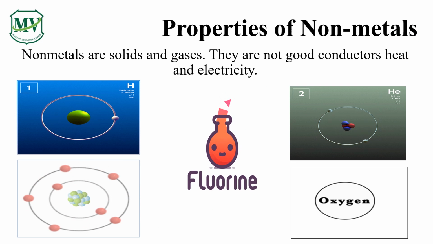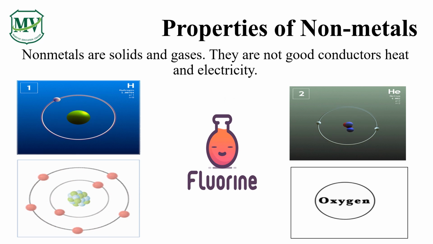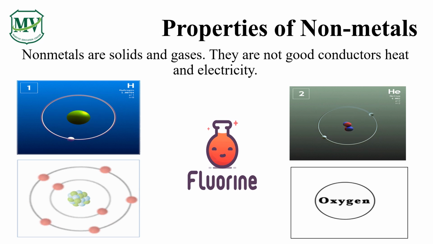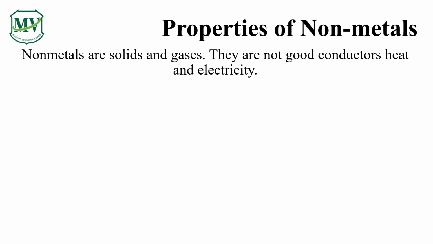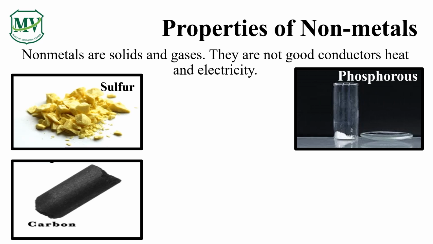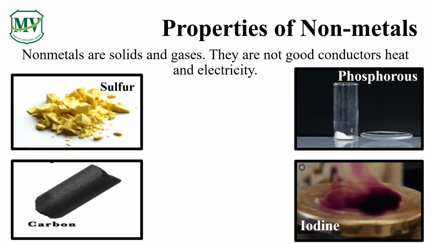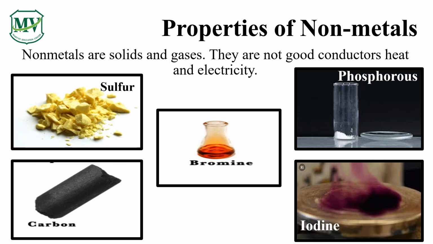Nonmetals can be in gaseous state like helium, hydrogen, nitrogen, oxygen, and fluorine. They are not good conductors of heat and electricity. Some nonmetals can be solid like sulfur, carbon, phosphorus, and iodine. However, bromine is a nonmetal which is in liquid state.